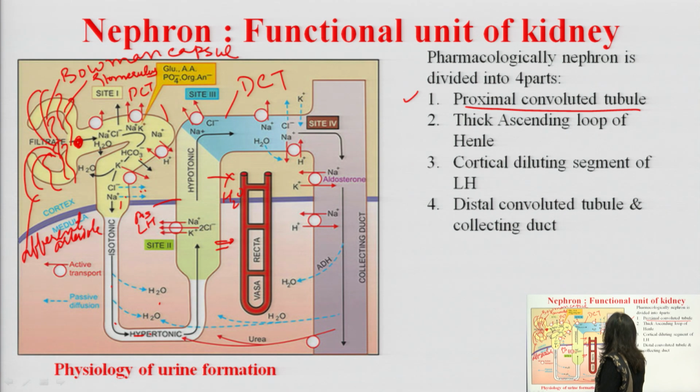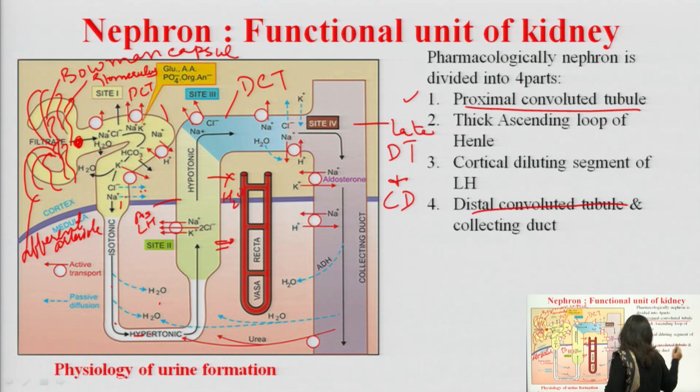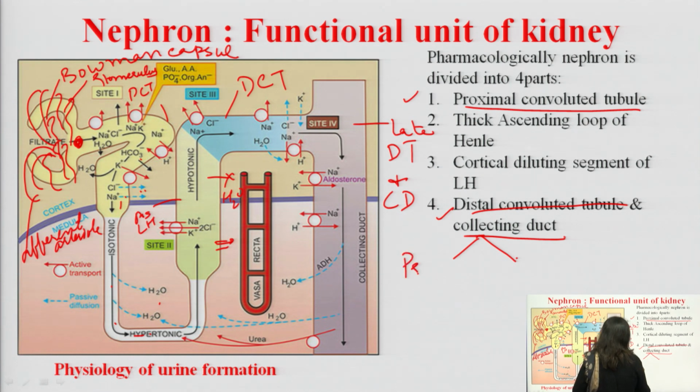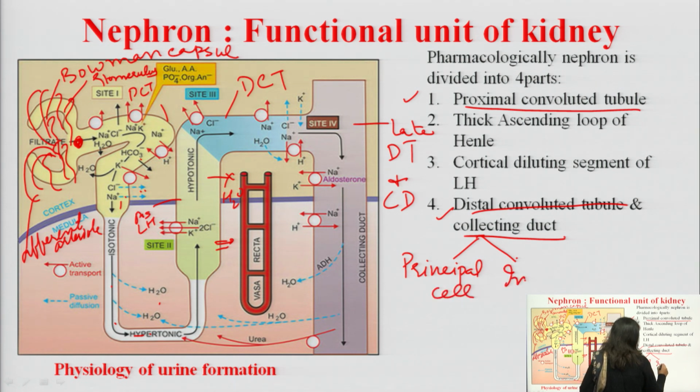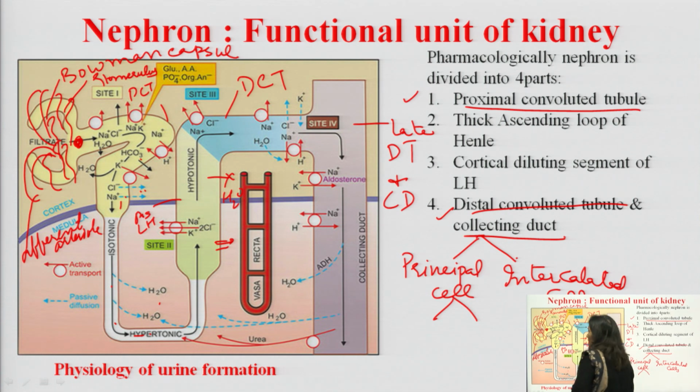Now this fluid enters site 4, the late distal tubule and collecting duct. Here there are two types of cells: number 1, principal cells, and number 2, intercalated cells. The function of principal cells is regulated by antidiuretic hormone and aldosterone.